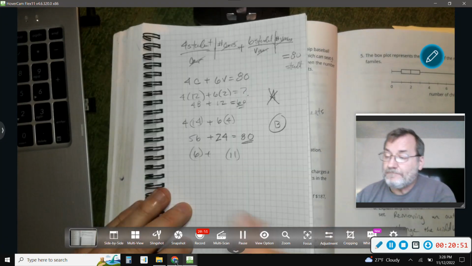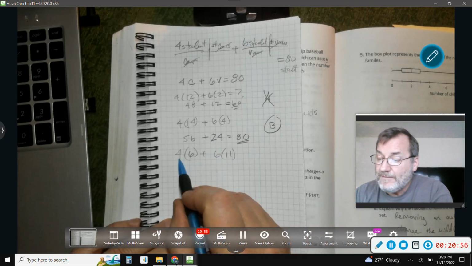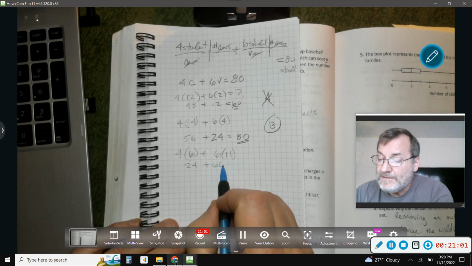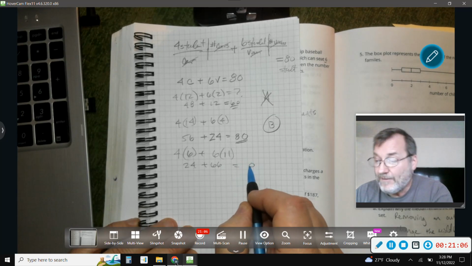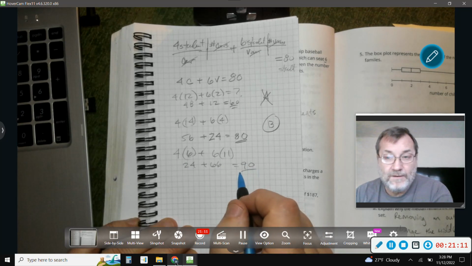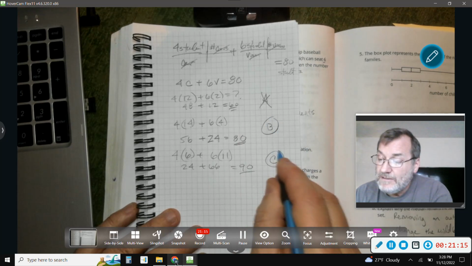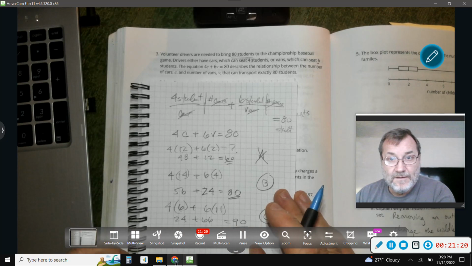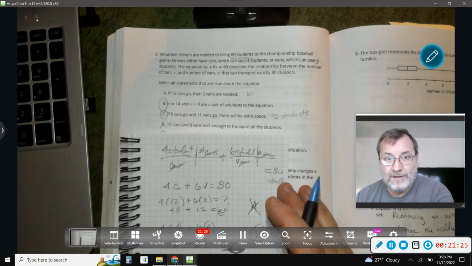So if I have 4 people per car and 6 people per van, 4 times 6 is 24. 6 times 11 is 66. 6 and 4 is 0. Well, 10. Carry the 1. 6, 7, 8, 9. Oh yeah, you got more than enough room. So that's a true statement. So C is true. They're just asking for true statements here. That's the key to this thing. Select all the statements which are true. And so Charlie is true.